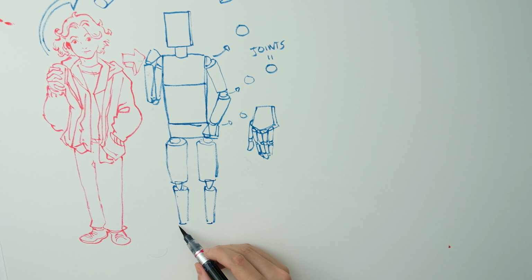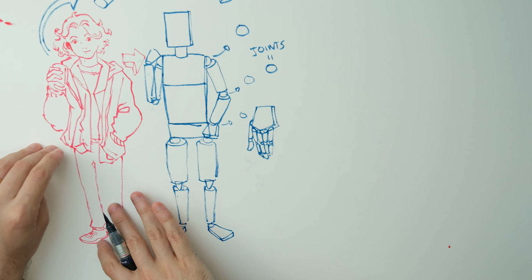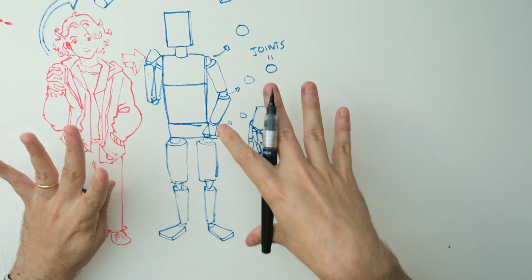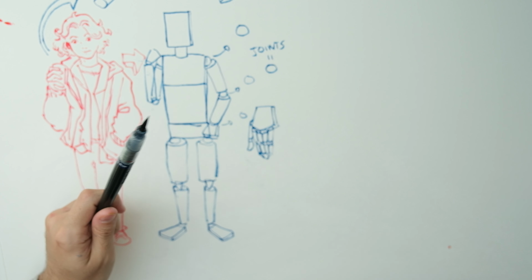And then for the feet, just something like this, which is a rectangle but skewed. So when we break down a character like this, it's essentially just a mix of tubes and rectangles, balls for the joints, and then you alternate between rectangles whenever you need.